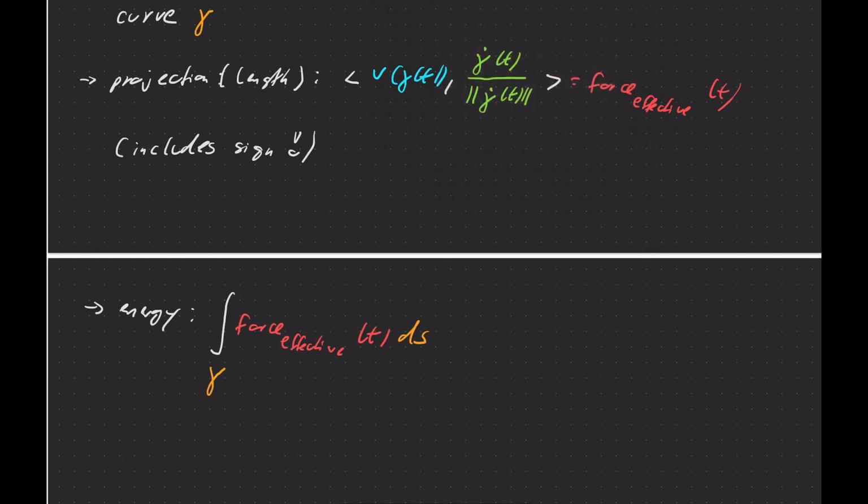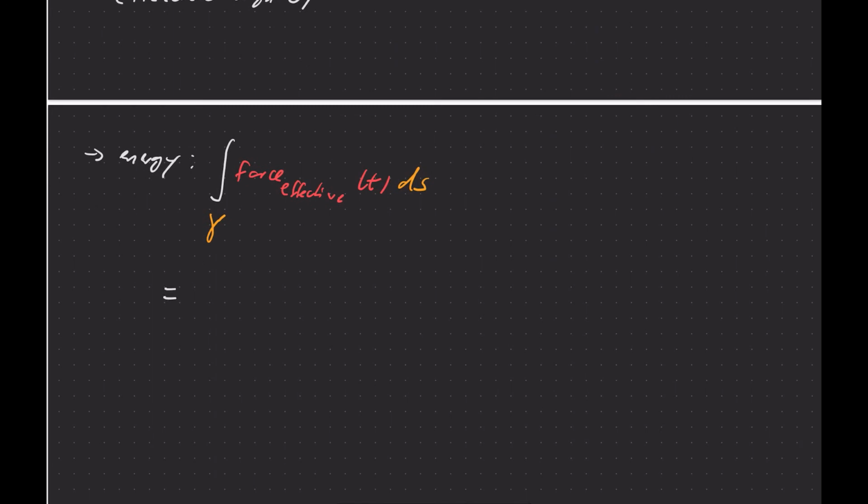And you know how to do that, of course, but let's first substitute what we know already. So that effective force is given by the integral over the scalar product of V of gamma of t with our direction of movement, which is gamma dot of t divided by the norm of gamma dot of t.